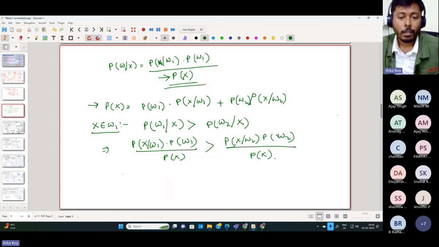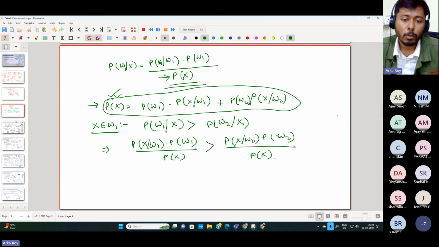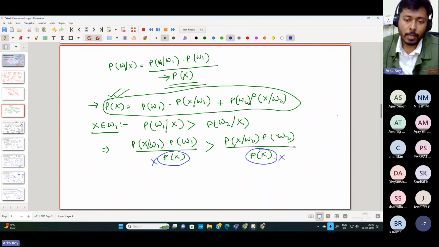Now, as this information is the same for both the classes, this denominator term is the same for both the classes. That is why we cancel these two, because this is just a scalar value. For example, if it is 5 over here, here also it is 5. So it will just scale down the value.